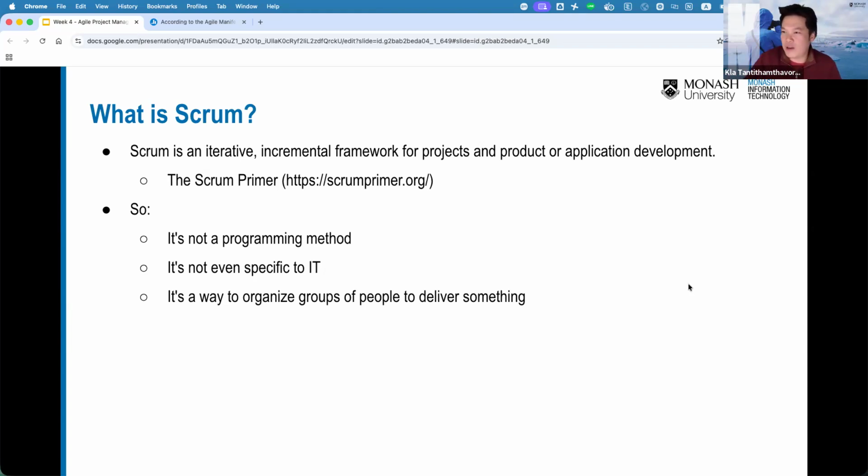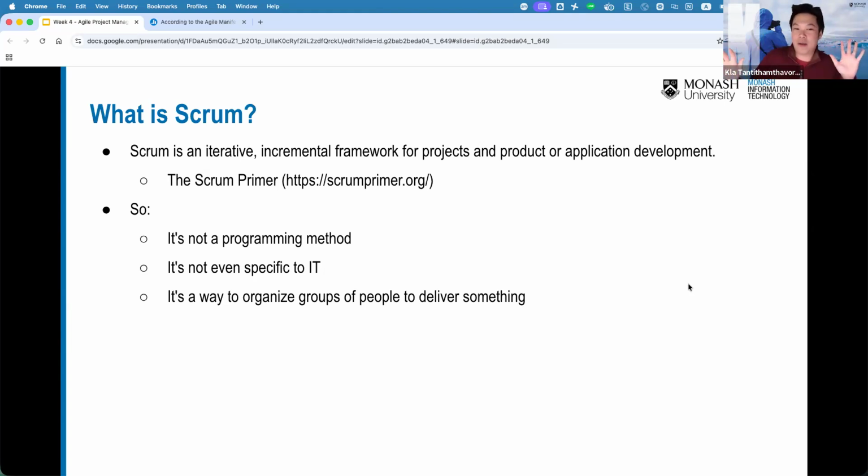This person works on Facebook, another person works on TikTok, that kind of thing. So Scrum is not just for software development, but can be used in other industries as well.